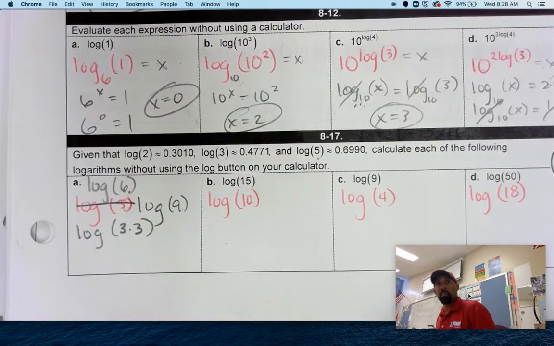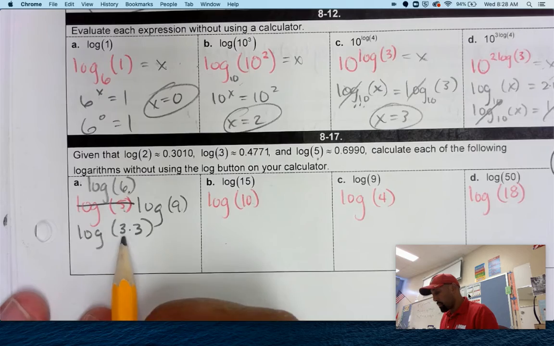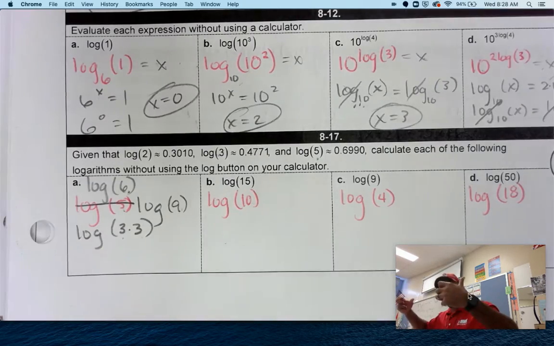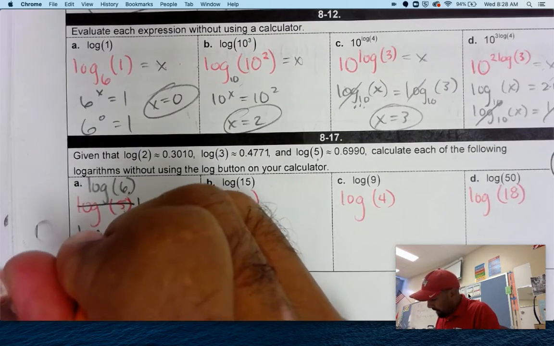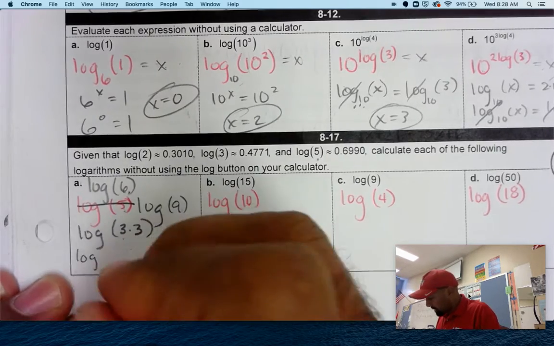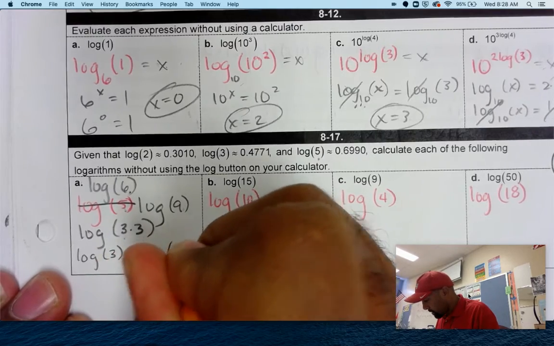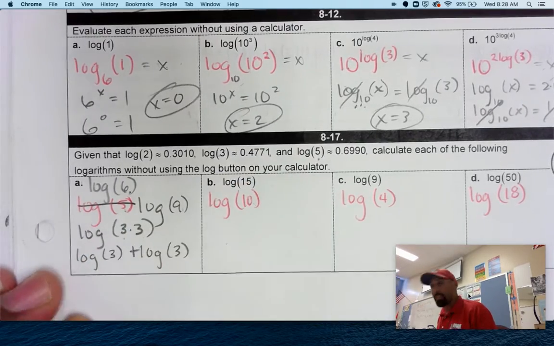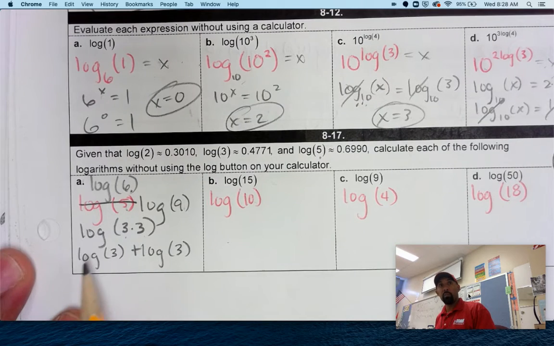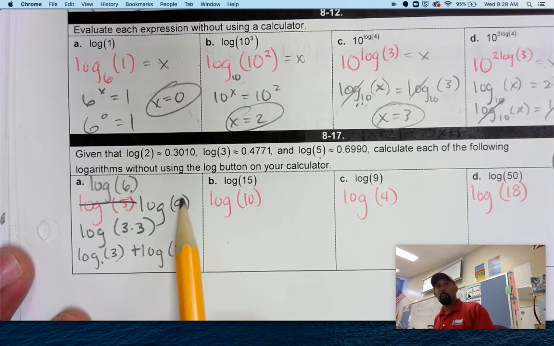Now, the product rule allows us to take a log that has two numbers being multiplied on the inside and expand it by adding two logs together. So now I've got log base 10 of 3 plus log base 10 of 3.